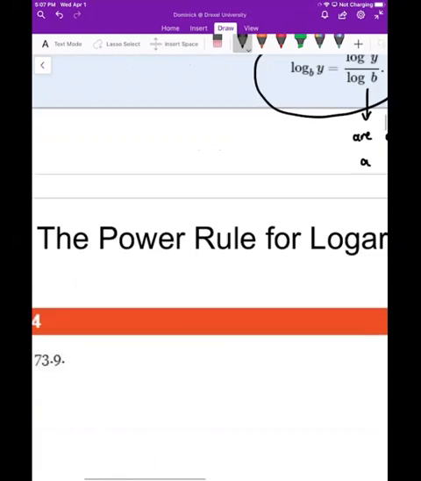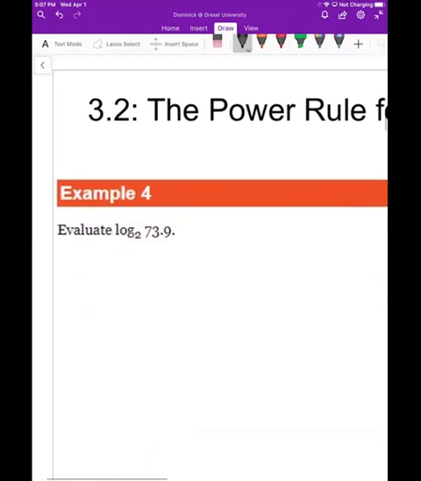An example of that would look something like this. We want to find log base 2 of 73.9. If you try converting this to an exponential, you'll have 2 to the x is equal to 73.9, and there's no number that you can raise 2 to in order to get 73.9, at least not cleanly.